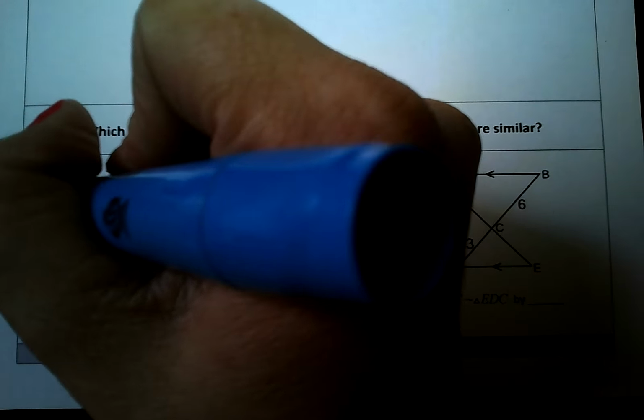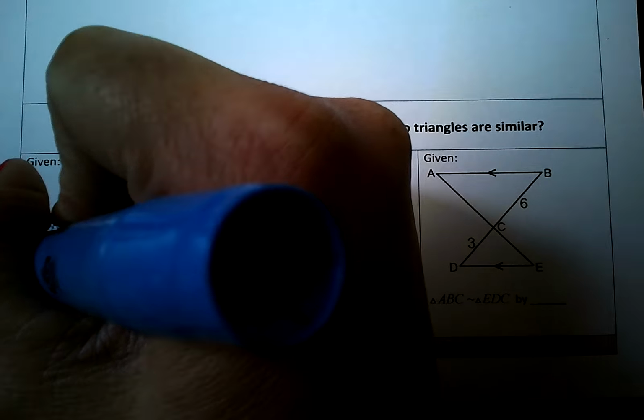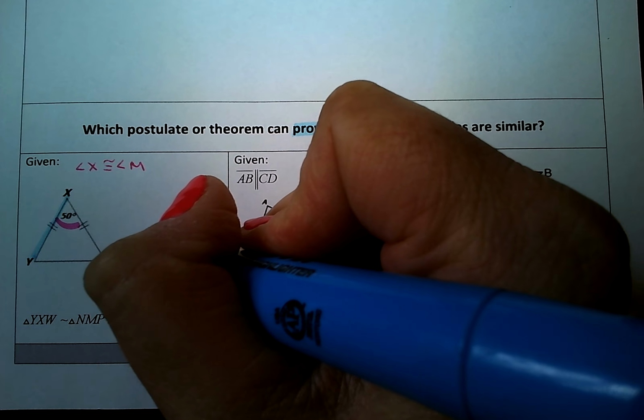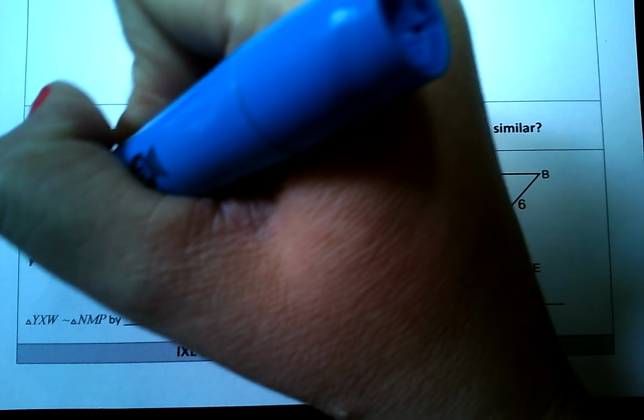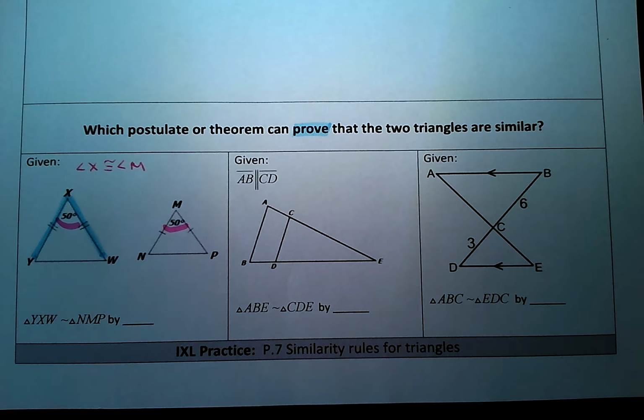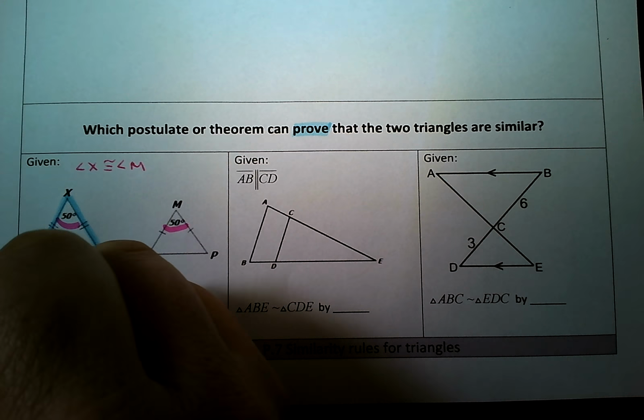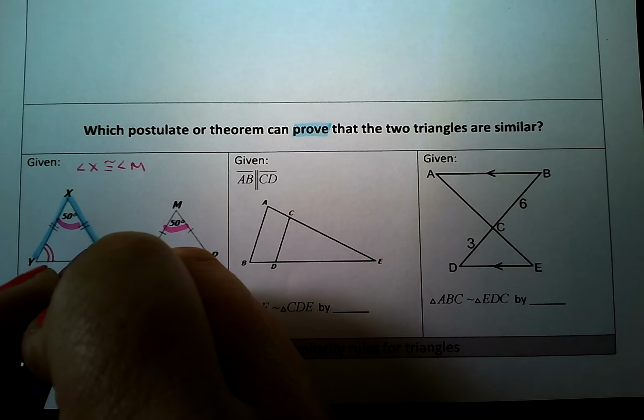This is not the side of one triangle congruent to the side of another triangle. This is the side of one triangle congruent to the other side of the same triangle. What that means is that that triangle is isosceles. And if it's isosceles, then these two base angles are congruent to each other.